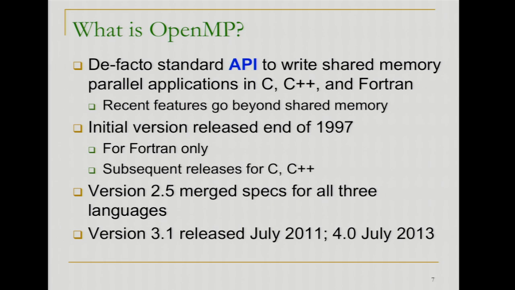Okay, so again, this is a little bit repetitive, but the initial version was for Fortran, then the features were adapted to target C in particular. There were some discrepancies between those, and so there was an effort to combine those things, clean up the spec and make sure that everything was consistent.